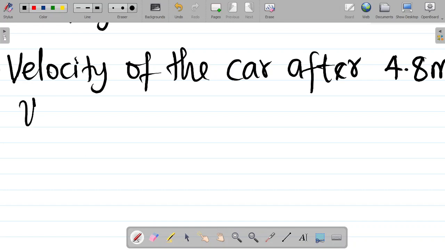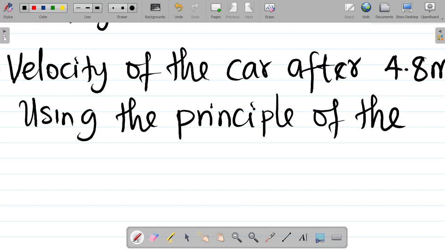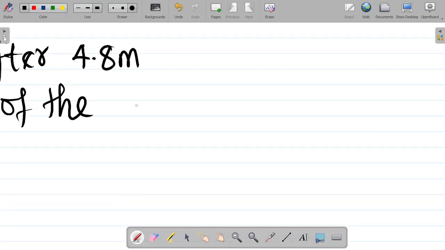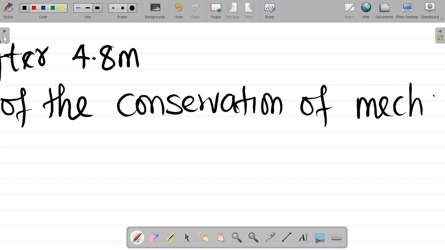So we said using the principle of the conservation of mechanical energy.